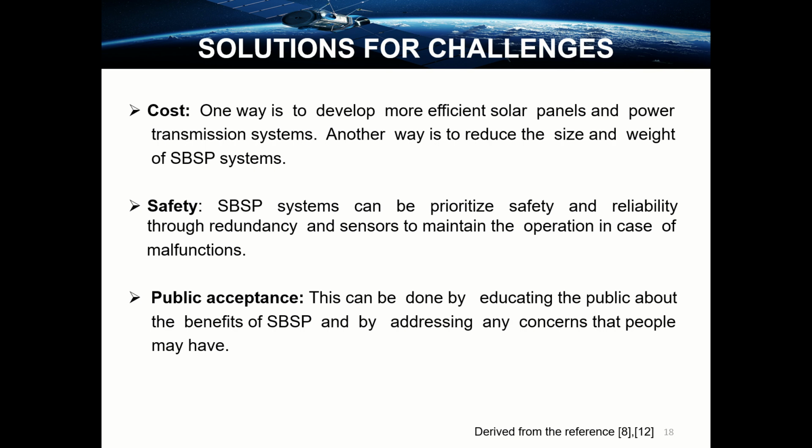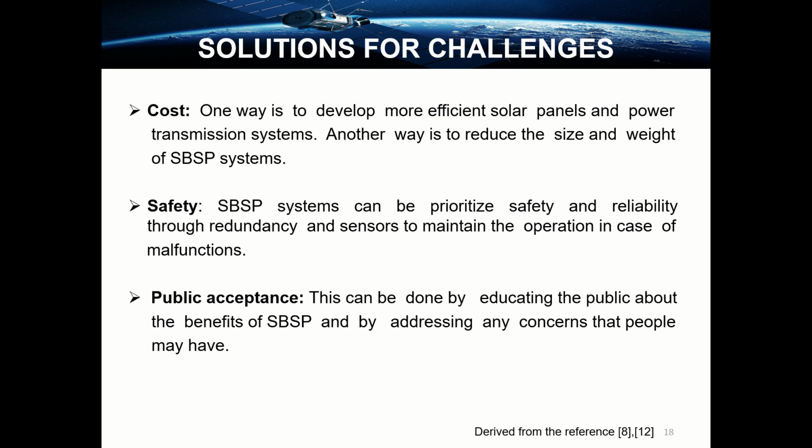Solutions for challenges. The first is cost. To reduce cost, one way is to develop more efficient solar panels and power transmission systems. Another way is to reduce the size and weight of space-based solar power systems. Second is safety.